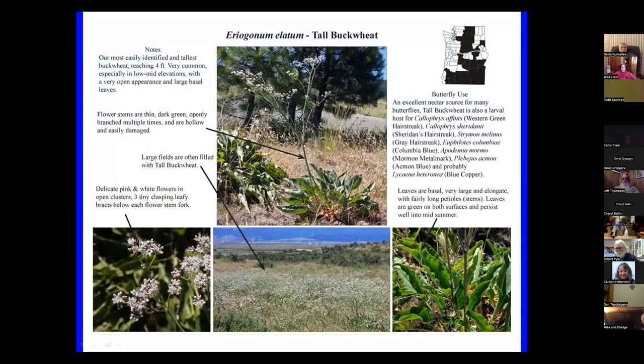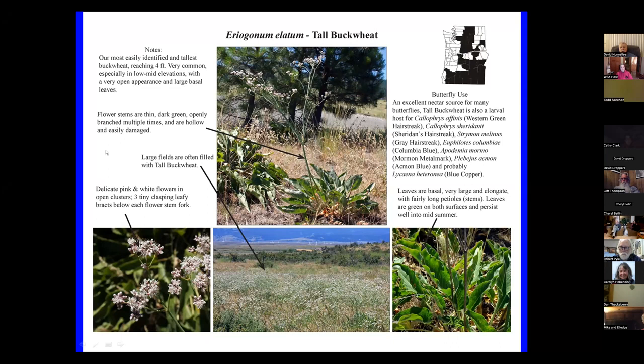One of our most common plants in this group is the tall buckwheat, Eriogonum elatum, and this is one that's very easy to identify. It has these huge basal leaves and naked stalks going up, branching freely and openly, with these little pink flowers, and growing in dense fields that can be very abundant in some areas.